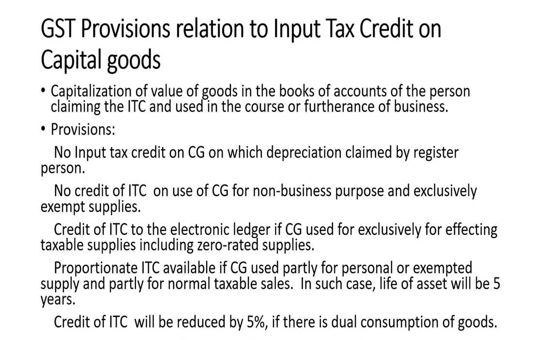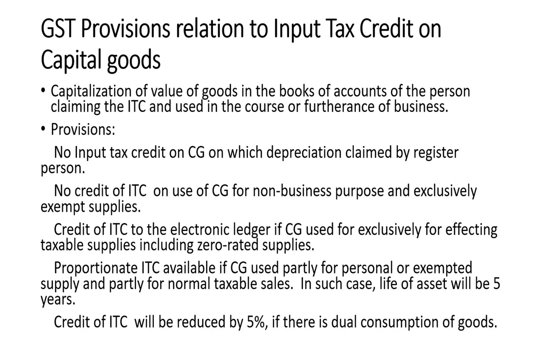The amount of ITC in respect of capital goods used or intended to be used partly for personal or exempted supply and partly for normal taxable sales shall be available to take credit on a proportionate basis.